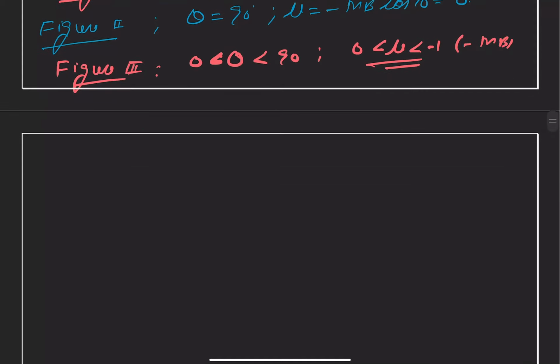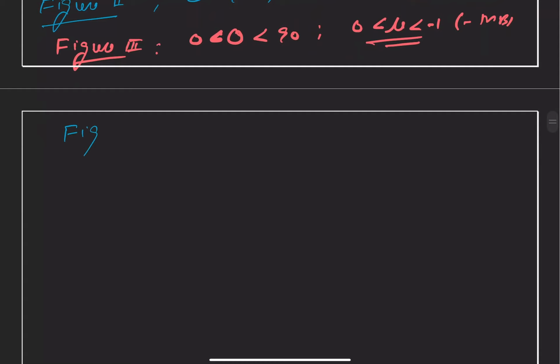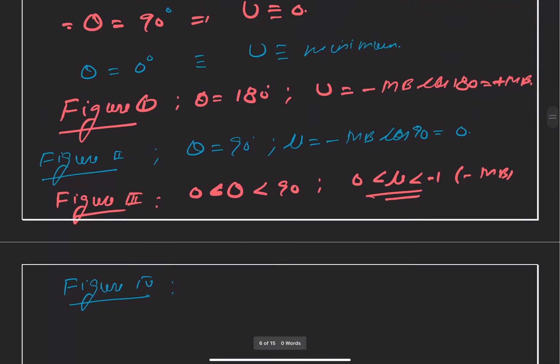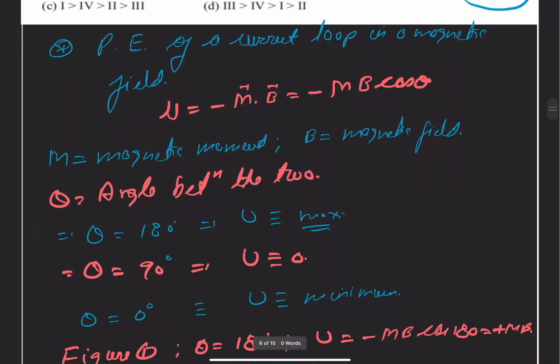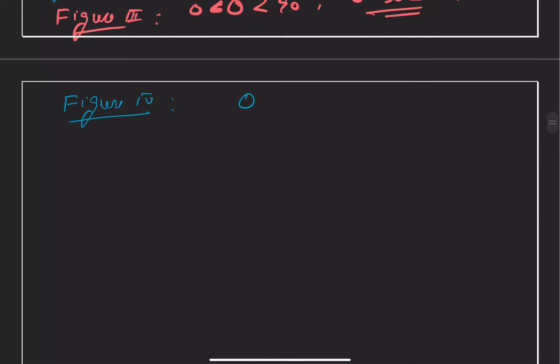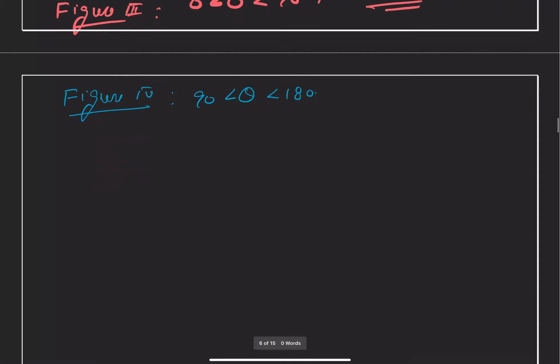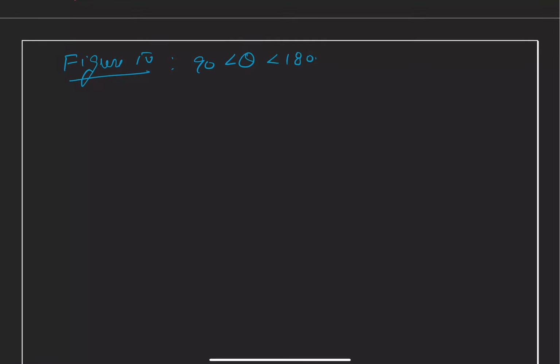And next is our figure 4. Here theta is given as greater than 90 but less than 180. So therefore we can say that our energy U will be greater than 0 but less than plus mB, that is because of plus mB.